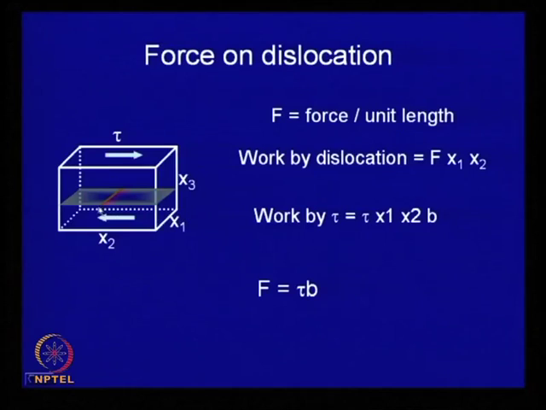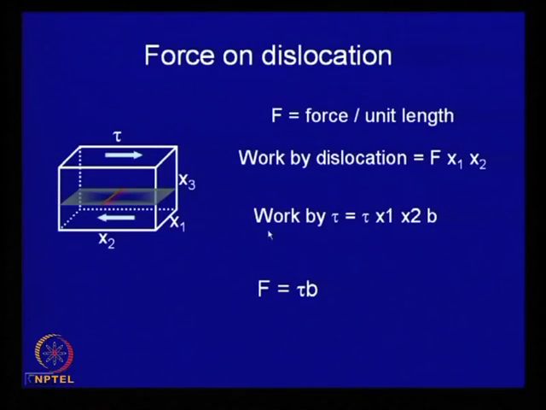This dislocation lies along axis x 1, so its length is x 1. So, the force on the dislocation is F times x 1, and the displacement it undergoes when it moves through the slip plane is from here to here, which is equal to x 2. So, this is the work done by the dislocation.